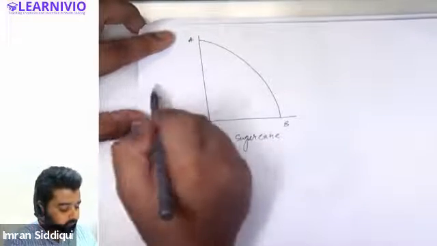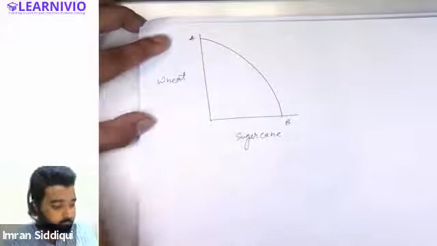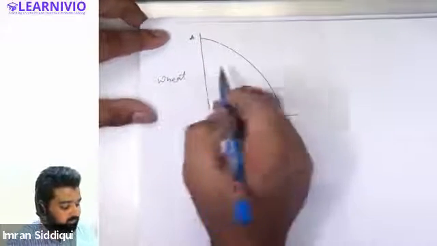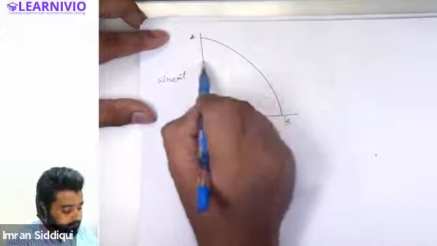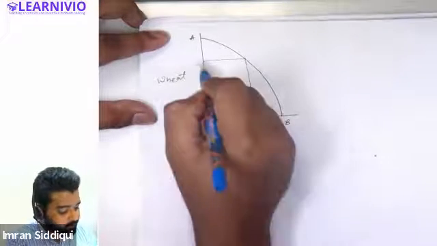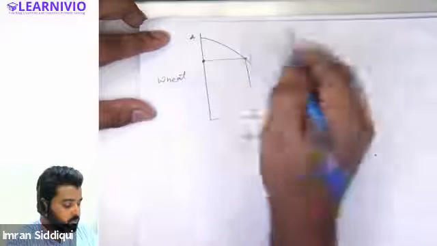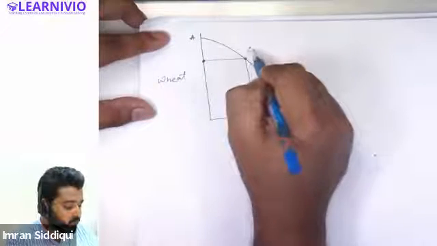Suppose he has decided to produce this combination of two goods. Suppose he is saying that he will be producing this much wheat and this much sugarcane, and he is choosing the C combination.